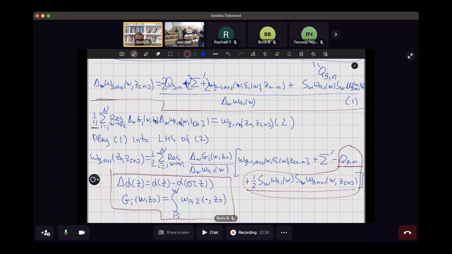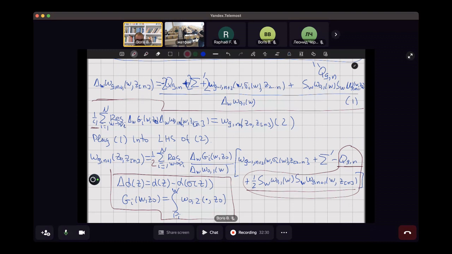Okay. So, summing this up, finally we have that this prefactor has a simple pole, and this guy has a double zero. Then this product has a simple zero, so it cancels when we take the residue.